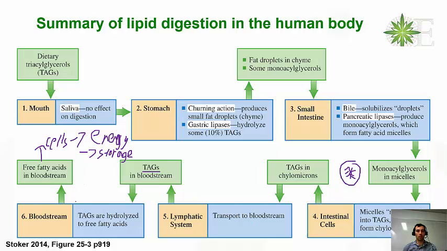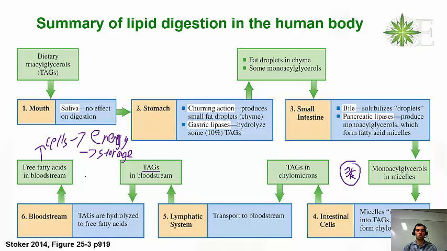Once we're in the blood, we can break down the triacylglycerols into fatty acids and glycerol, which can then be used in different metabolic processes. And that's what we're going to be talking about in today's session: what we actually use the fatty acids for, and also what we use the glycerol for.